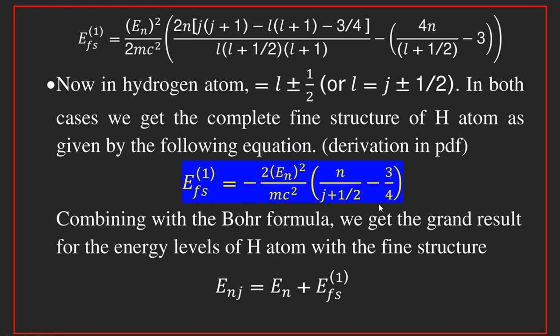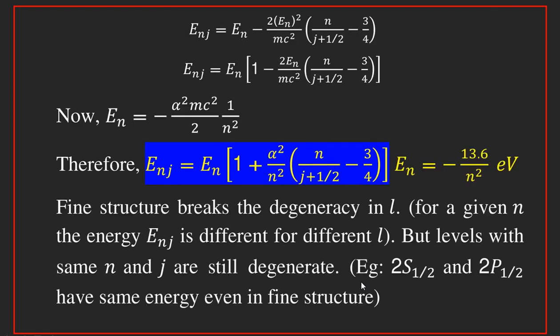Therefore, the total energy Enj is equal to En into 1 minus 2 En by mc square into (n by j plus half minus 3 by 4). Now En is equal to minus alpha square mc square into 1 by n square.